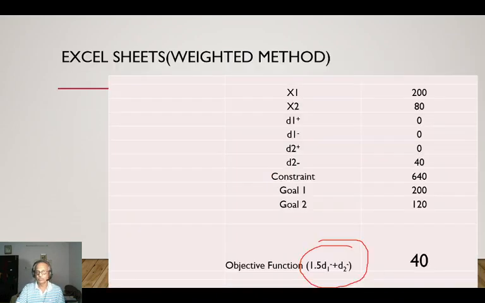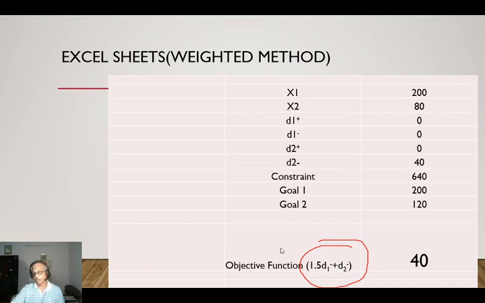This is the Excel method. In the objective function, you must have noted, I have put 1.5 d1 minus plus d2 minus, because it is 2 and 3, so I can easily say that it is 1.5 times more important than this.